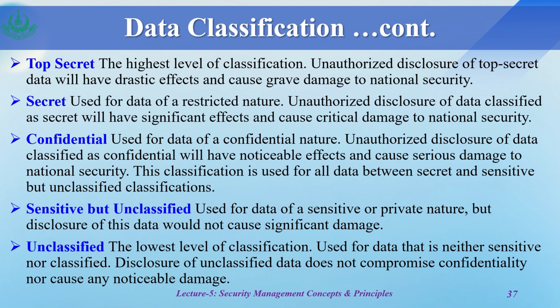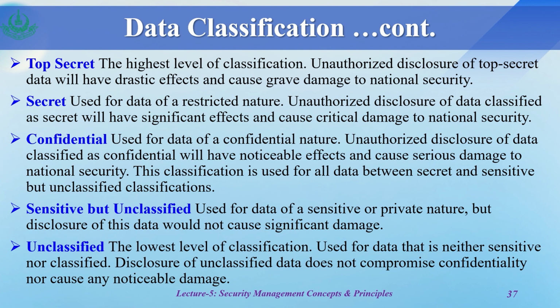Unauthorized disclosure of data classified as confidential will have a noticeable effect and cause serious damage to national security. This classification is used for all data between secret and sensitive but unclassified.